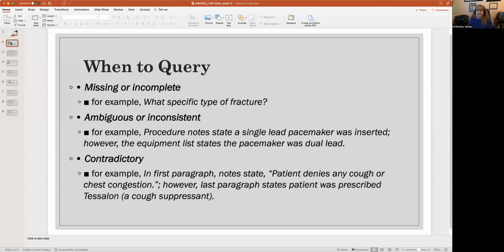Ambiguous or inconsistent information in the patient record. For example, the procedure notes state a single lead pacemaker was inserted, however the equipment list states the pacemaker was dual lead, which is again why you need to read the entire patient report.